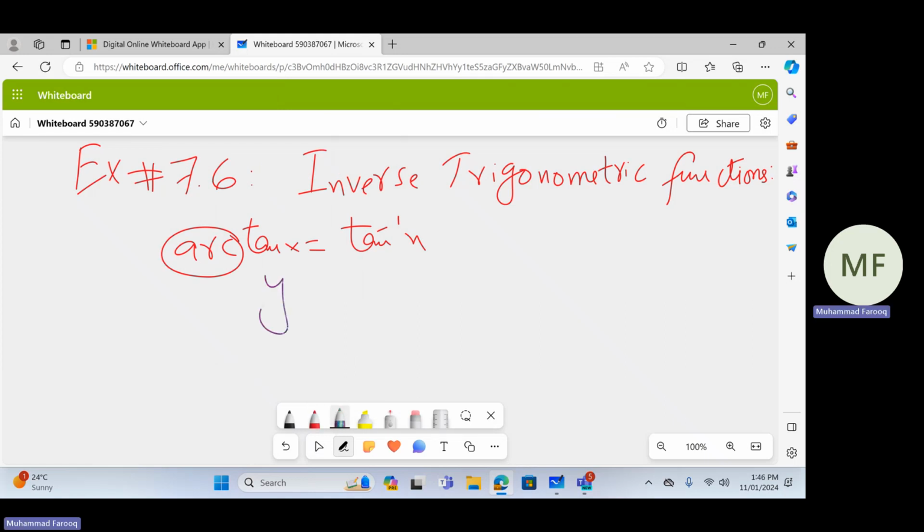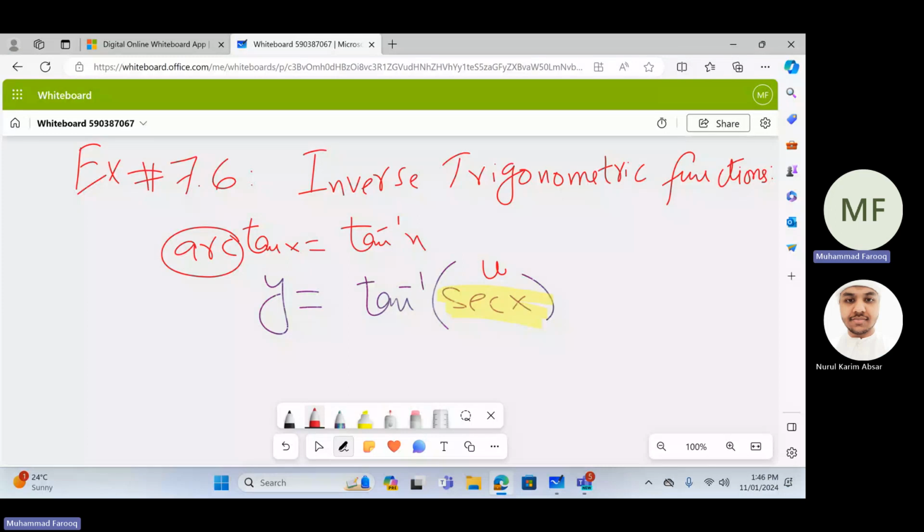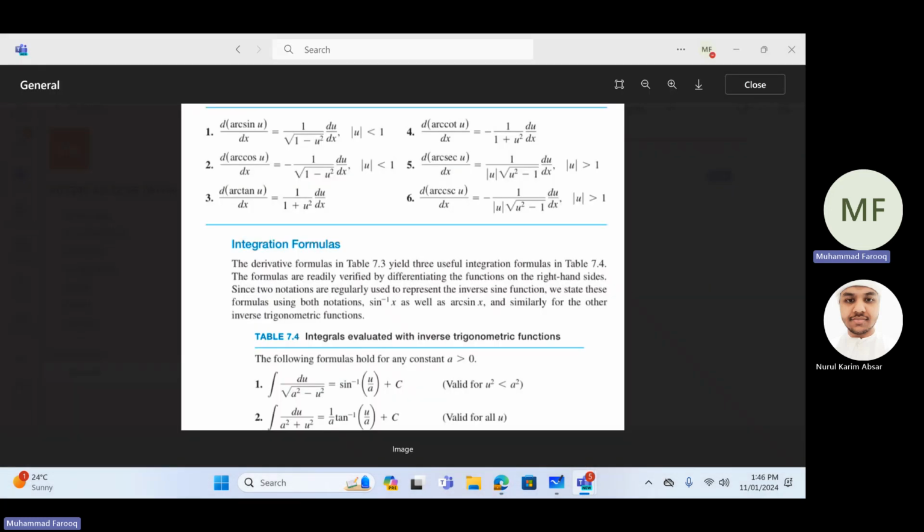Let's say I have y equals tangent inverse of secant x. Now, this portion represents u, so wherever you have u in the formula, replace it with this part. For example, for the tan inverse formula, arctan is the inverse.